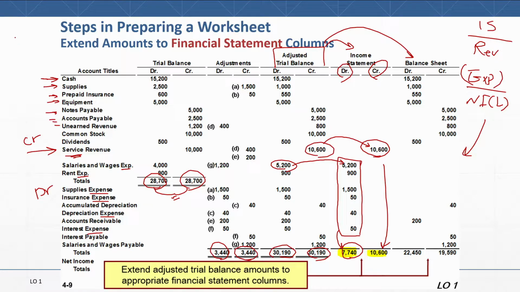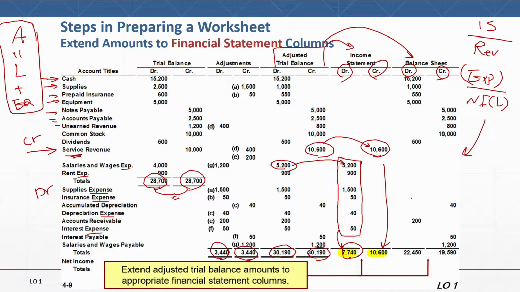Under the balance sheet, we report assets and liabilities plus equities. So all these account groups, all the accounts included in these groups will be transferred based on their normal balance side to the balance sheet columns.